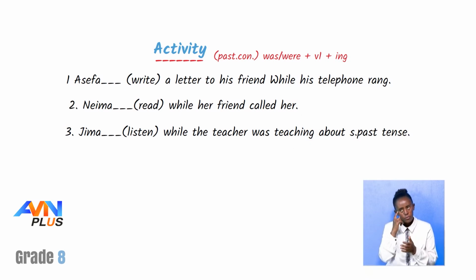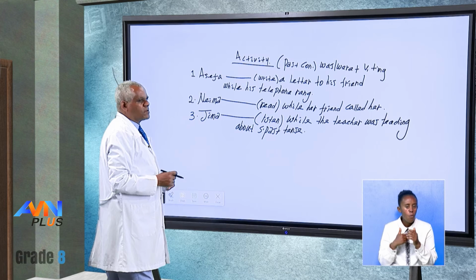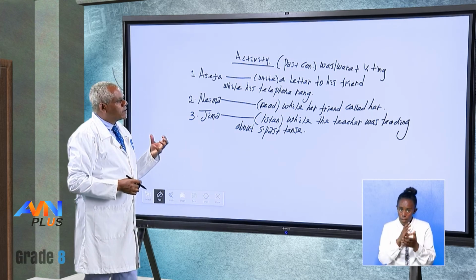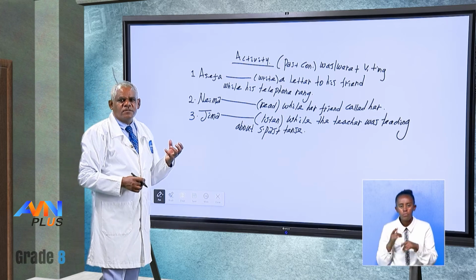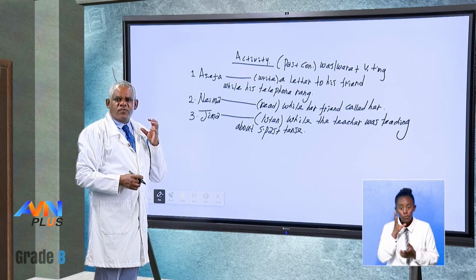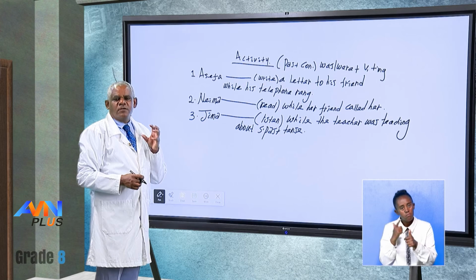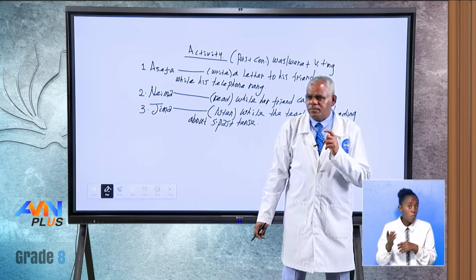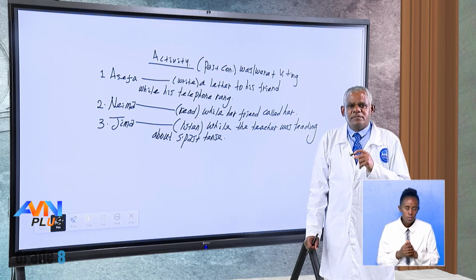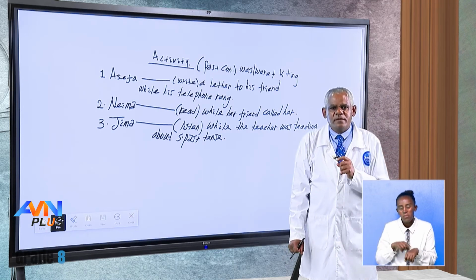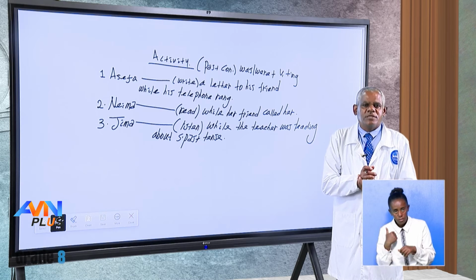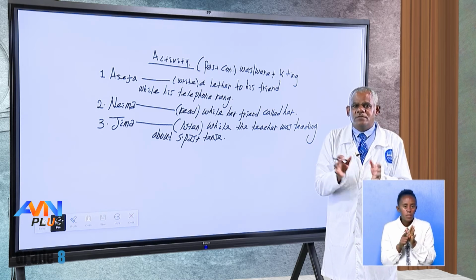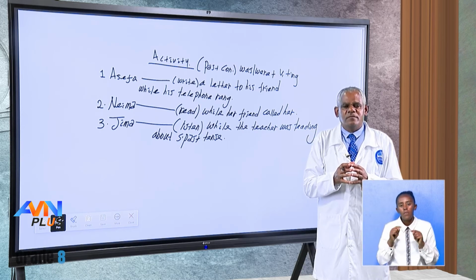Think about it and change those verbs in the brackets into ing form, and you are welcome to make very beautiful and sensible sentences. So don't forget those three important issues in order to use past continuous tense. Ongoing actions should be kept in your mind. Simultaneous actions should be going on there. And the other one is interrupted actions. So keep in mind the examples that I have tried to give you so far.